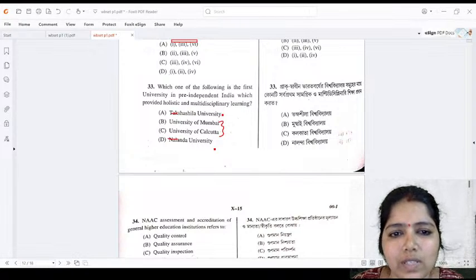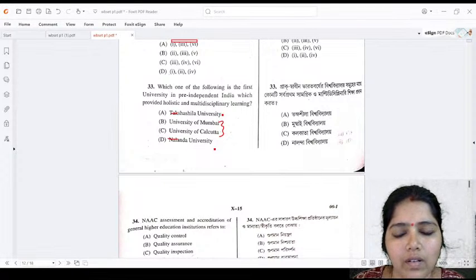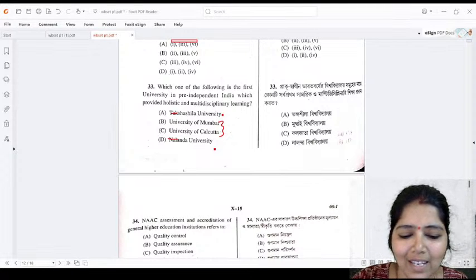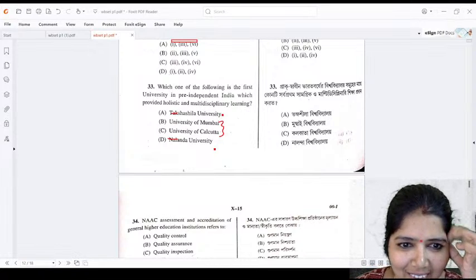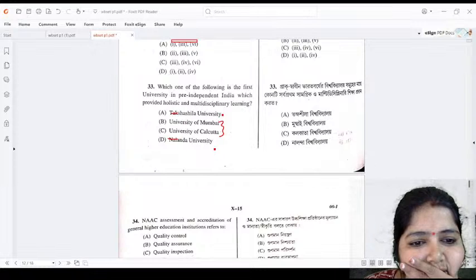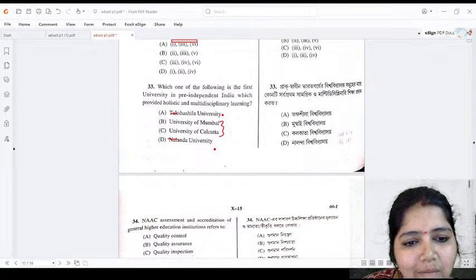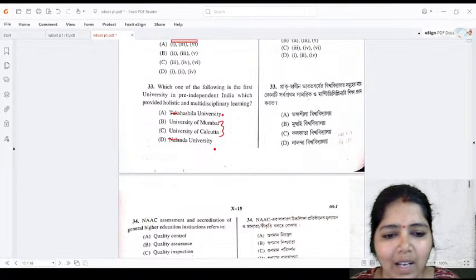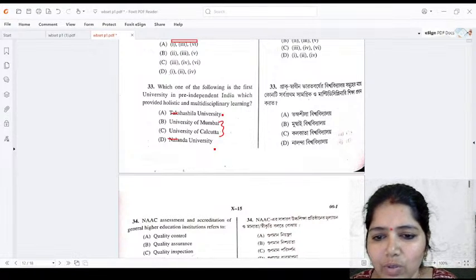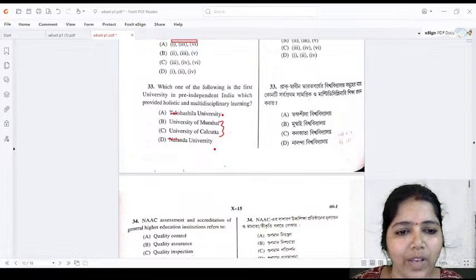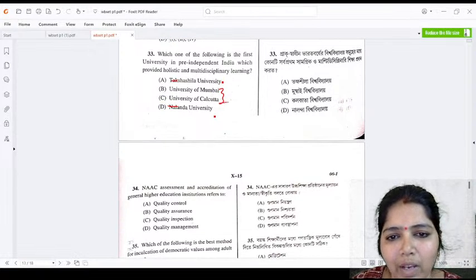It's Calcutta University, because it is simple logic, right? Let me check and tell you. Okay. Next one. So with these two, my option will be this one.